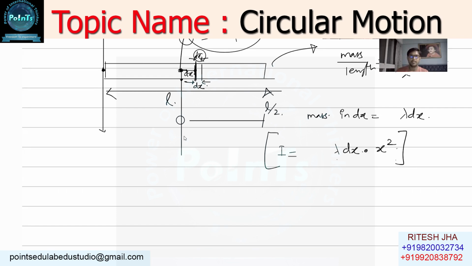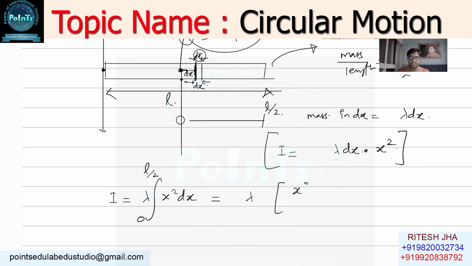Okay. And then we will double it later. So basically, this I will be equal to the integration of lambda, a constant, times x square dx. So this will be coming out to be, the integration of x square dx would be x cubed over 3.